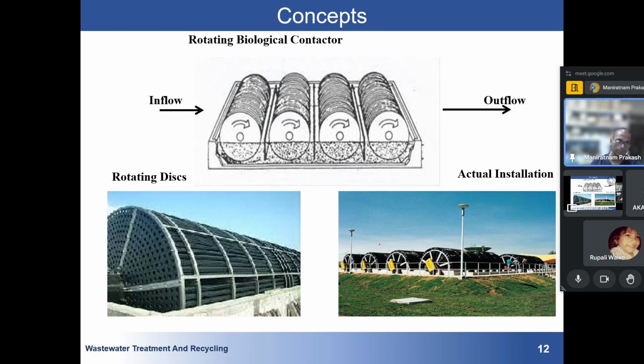This is a real picture that I have taken from Google. So organic matter will pass through each and every rotating biological contactor. As soon as it comes in contact with the microbes, they will degrade the organic matter, and finally at the end of the outflow, we will have wastewater free of organic matter. Okay.